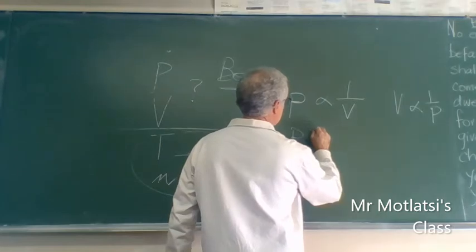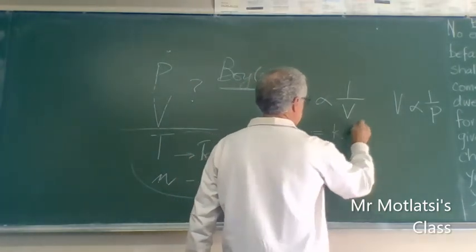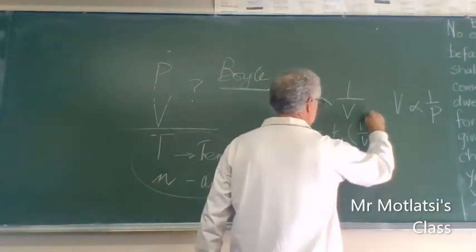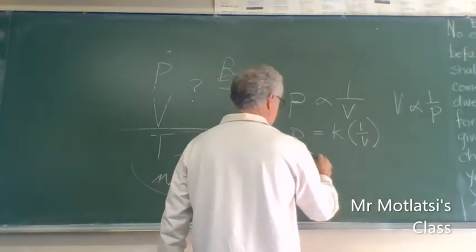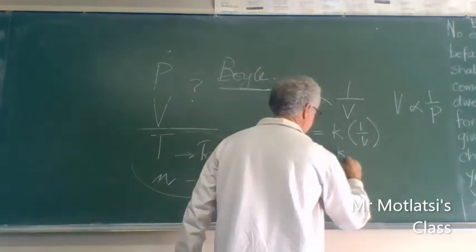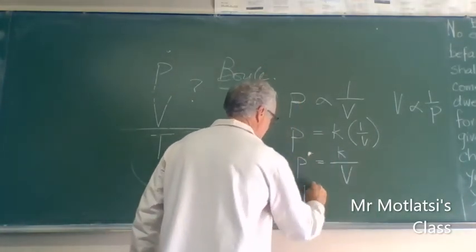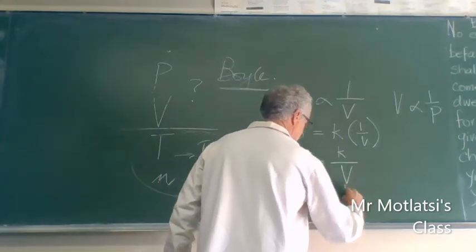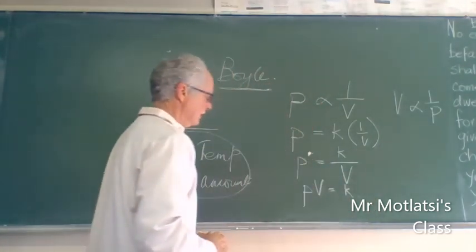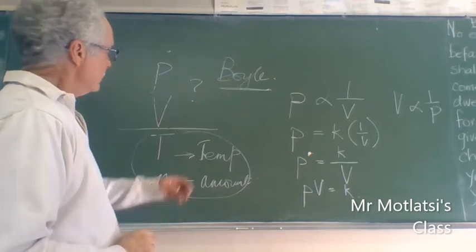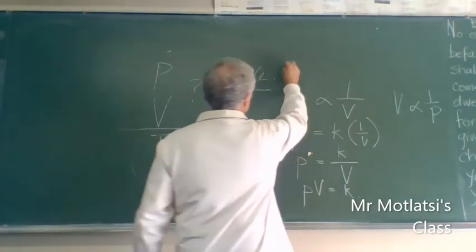So we can say P equals a constant times 1 over V, or P equals a constant over V. Therefore, PV is a constant value. So that is Boyle's law.